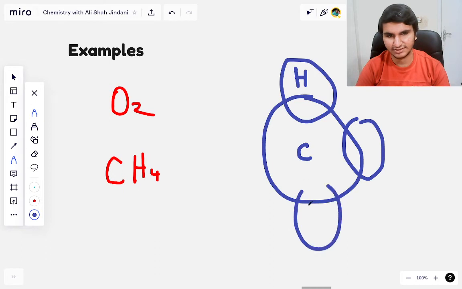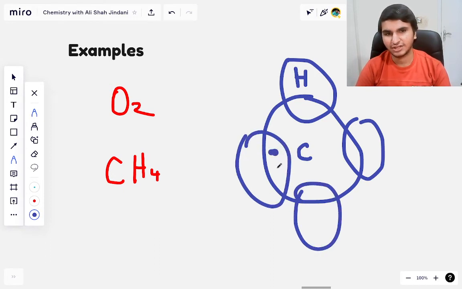Each of them shares 1 electron. So basically this is a single bond, and we also have these 4 more in carbon, 1 2 3 4.